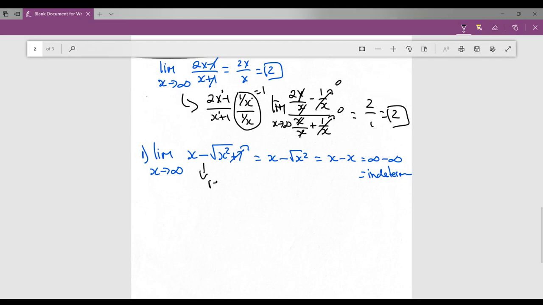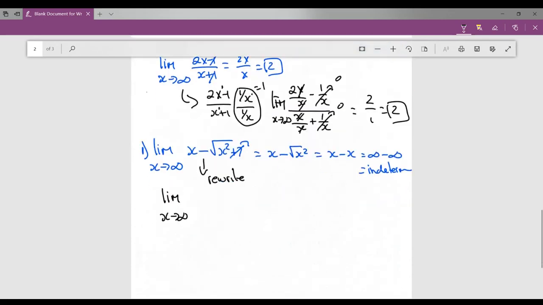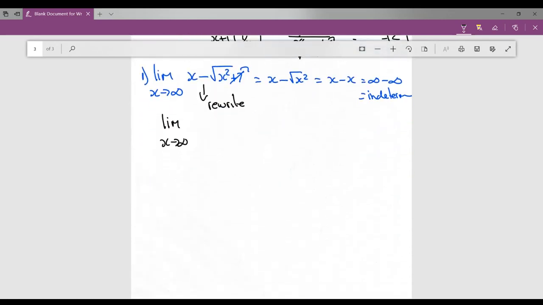So we're going to rewrite, and we're going to use everybody's favorite. If you remember math 12, when you have square roots in your limits, we're going to multiply by the conjugate, which is going to be the same numbers, except we've changed the sign from negative here to positive here.